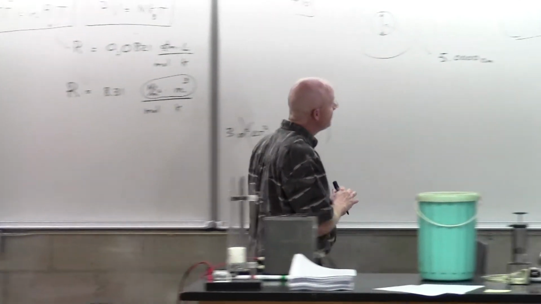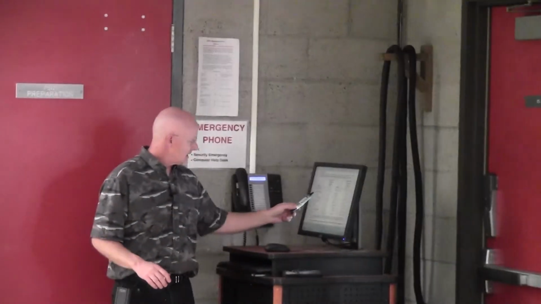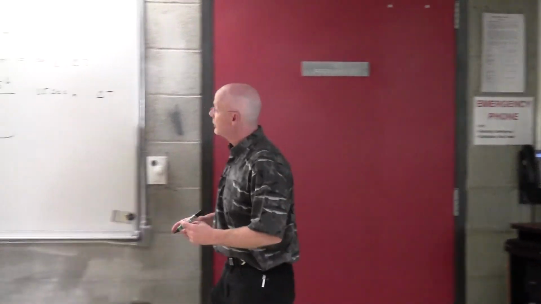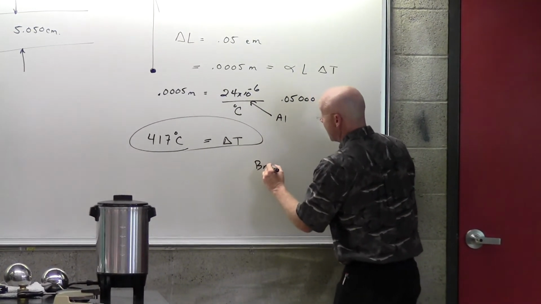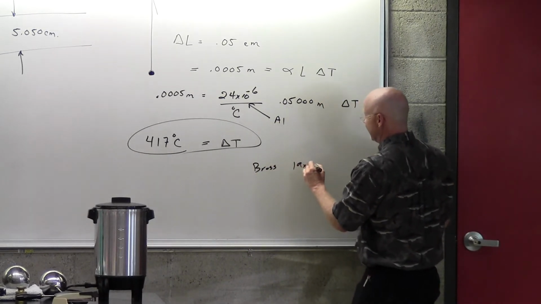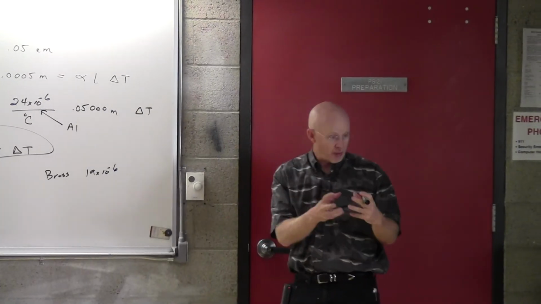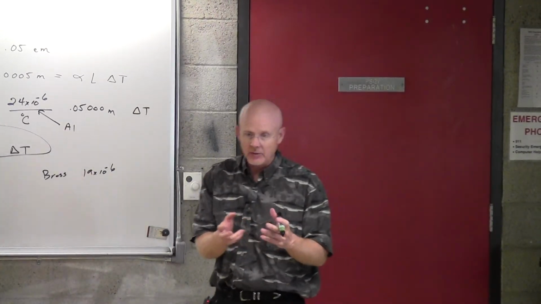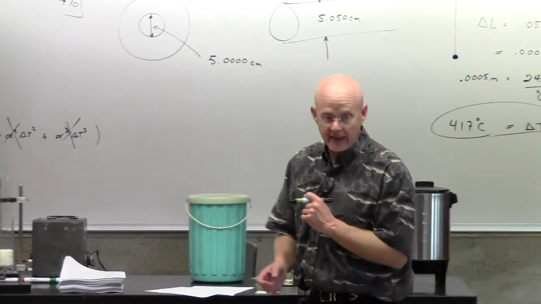Fortunately, the brass has a slightly smaller expansion coefficient. This is what it was for aluminum. For brass, it was only 19 times 10 to the minus 6. So if you were to already have them put together and you decided it was done incorrectly and you needed to fix it, you could heat them up.